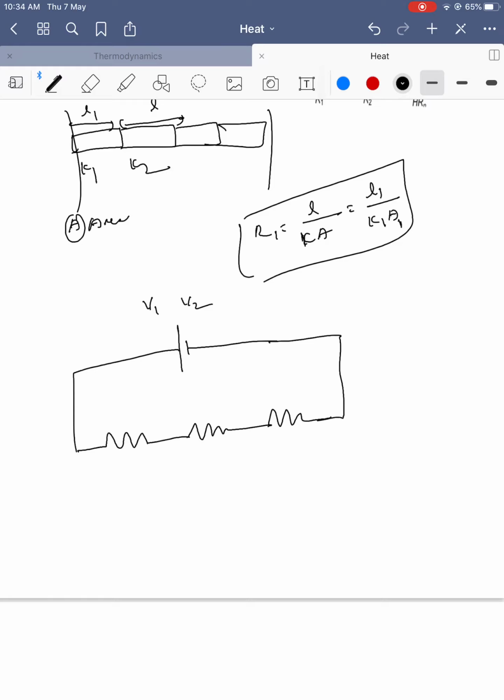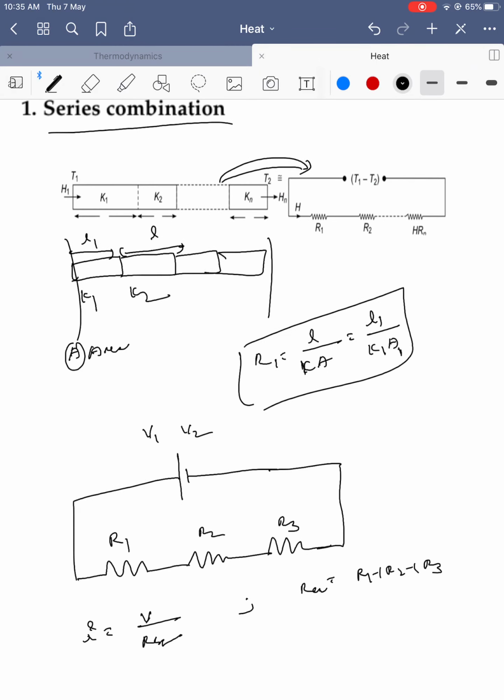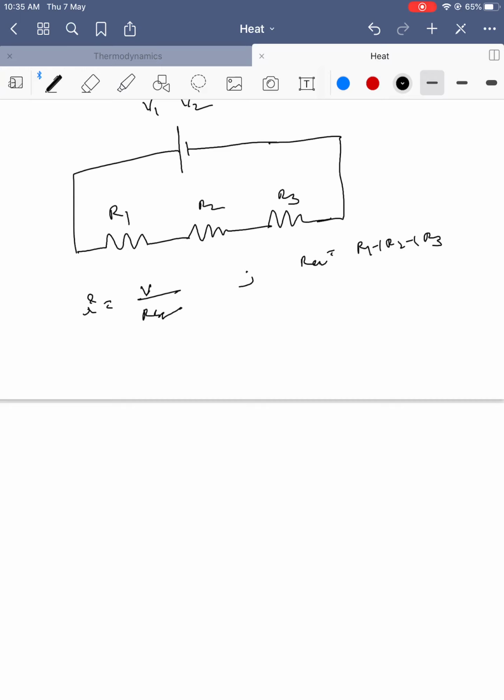Similarly R1, R2, R3, and what is the current? I is equal to V by R equivalent. So in this case, what is the R equivalent? R1 plus R2 plus R3. So similarly, when we see the series combination of heater rods also, first let's write the equivalent resistance.